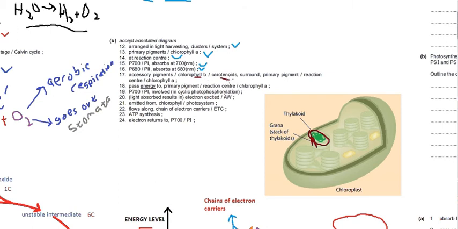Energy is absorbed by these accessory pigments, and then it's transferred to primary pigments.